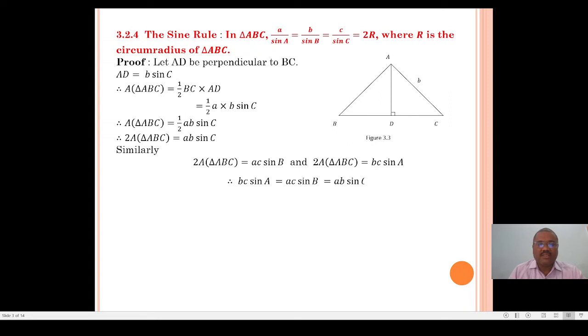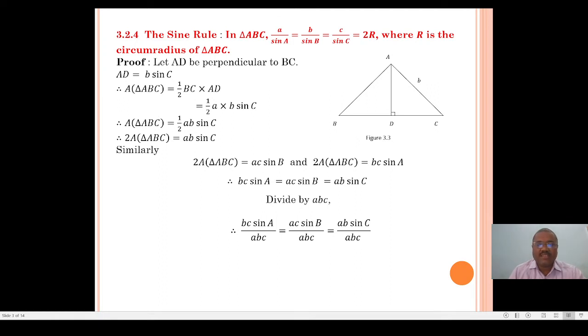So we get bc sin A equals ac sin B equals ab sin C, because the left side of all these are equal and denote 2 times the area of triangle ABC. So dividing by abc, we get bc sin A upon abc equals ac sin B upon abc equals ab sin C upon abc.